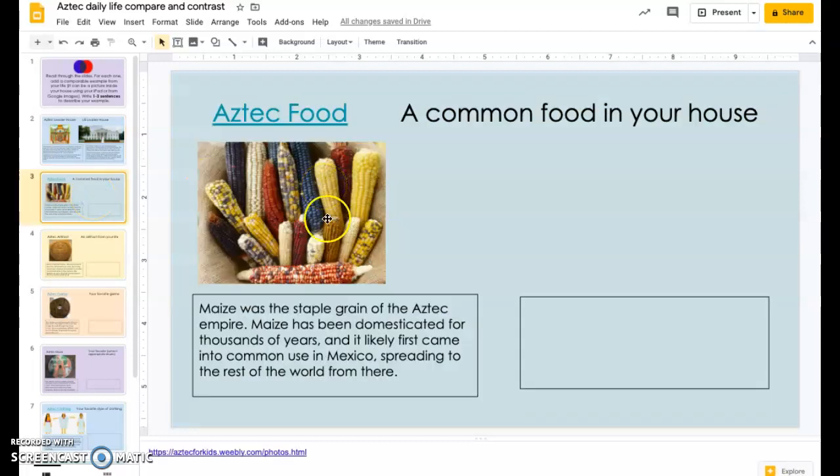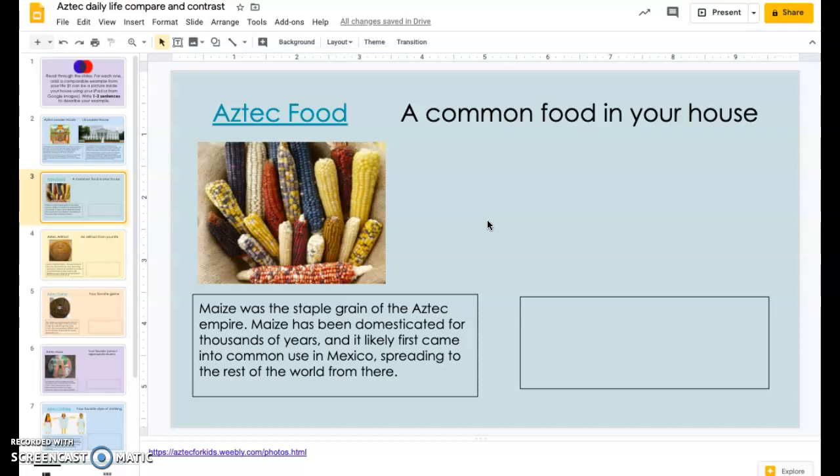So what you'll do is you'll look at the Aztec example, which is Aztec food, and it talks about maize. We've talked about how that was really common in Mesoamerica where the Aztecs and Mayans lived. Then I want you to find a common food in your house. Now here's the deal. You do not have to take a picture if you don't feel comfortable with that. You could just find something that you like to eat on the internet, take a Google image, do that.